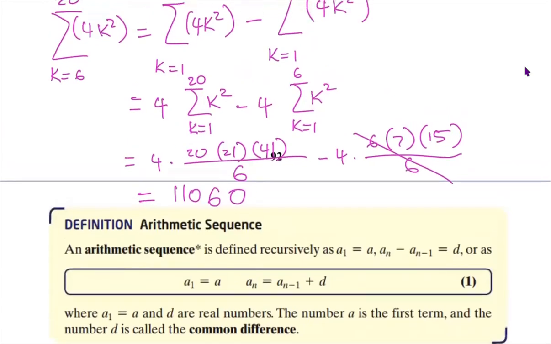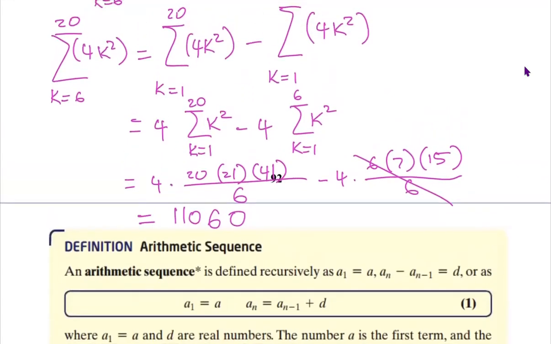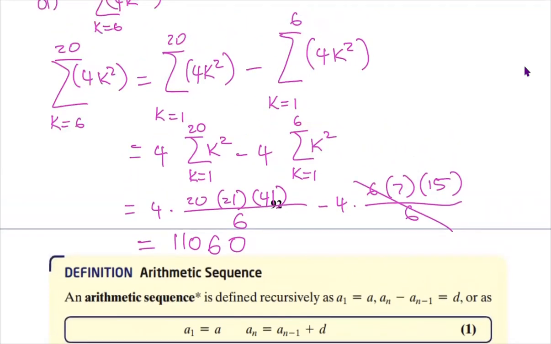So that's the sum from k equals 6 to 20 of 4k squared. Oh wait, there's a problem here.